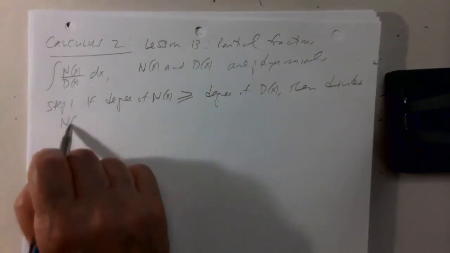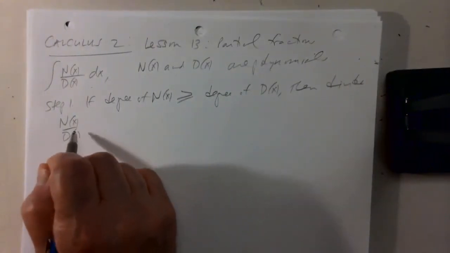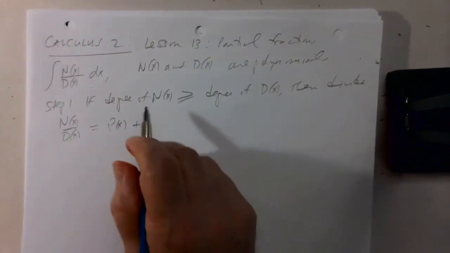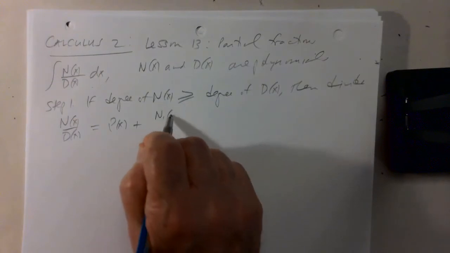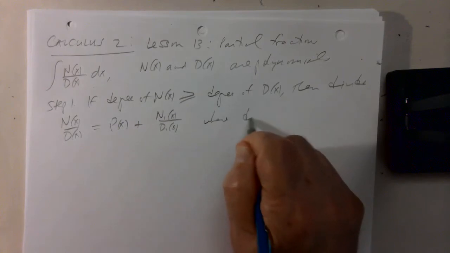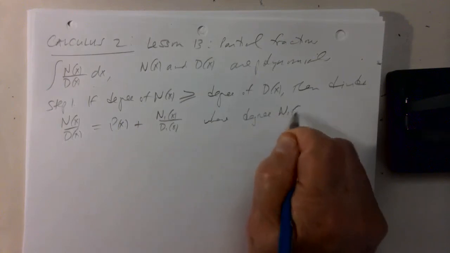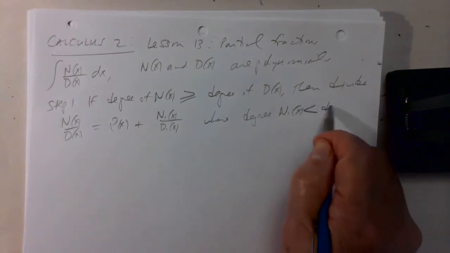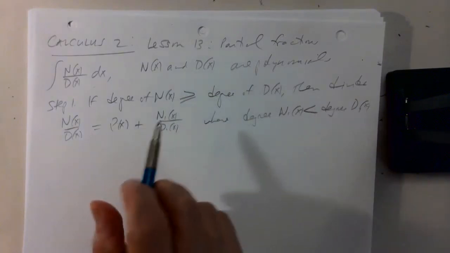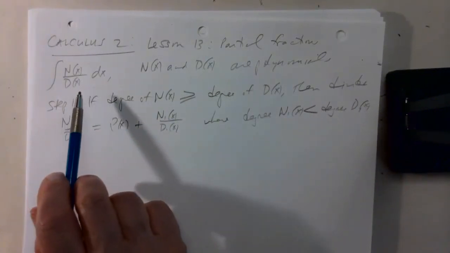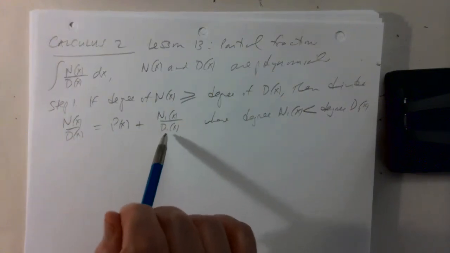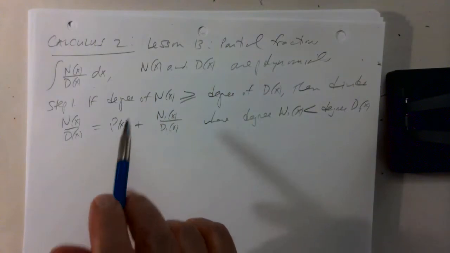And you can write n of x over d of x as some polynomial plus n1 of x over d1 of x, where the degree of n1 is now strictly less than the degree of d1. So you can always, by long division of polynomials, write this as a polynomial plus something where the numerator has smaller degree than the denominator.